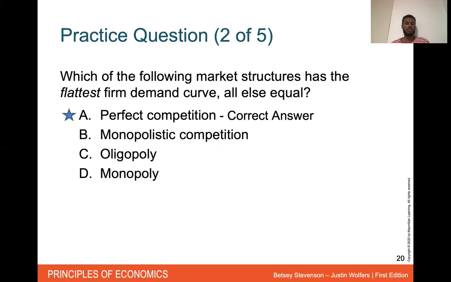They have the completely horizontal line because they are in a perfectly competitive market. Nobody can sell even a penny above the market price, or else they're going to lose all their customers, who will just go to another firm in the same perfectly competitive market that sells at the same exact price.